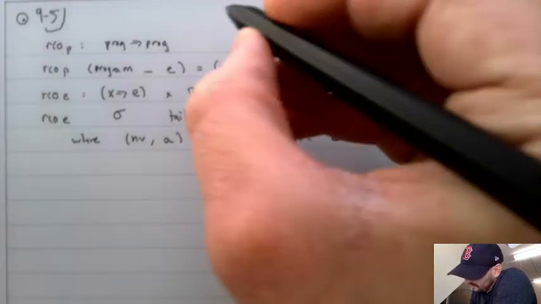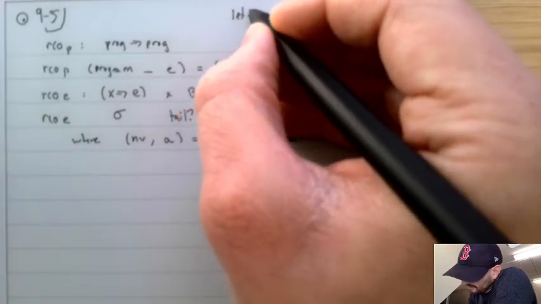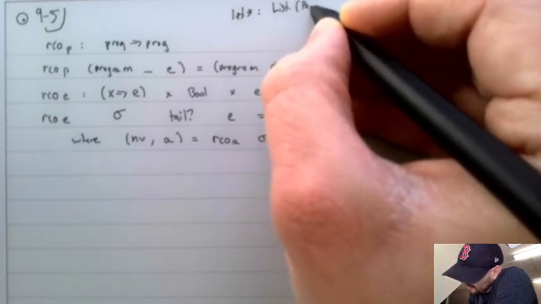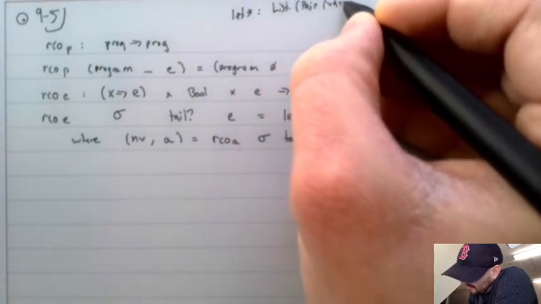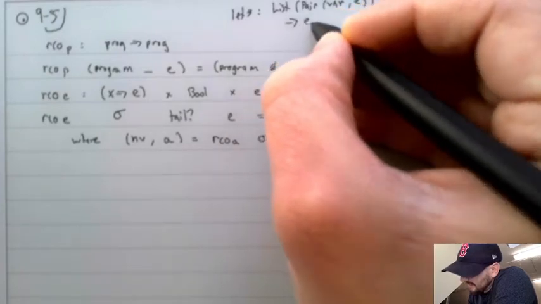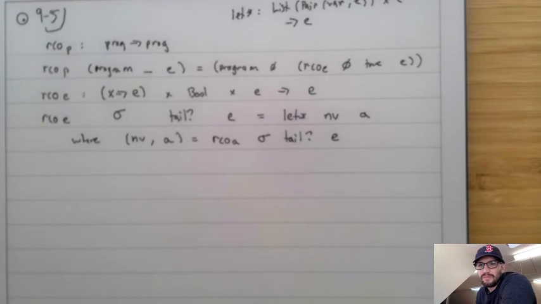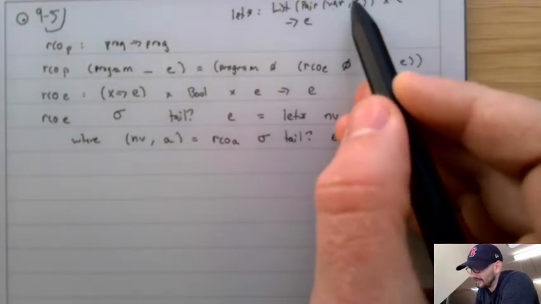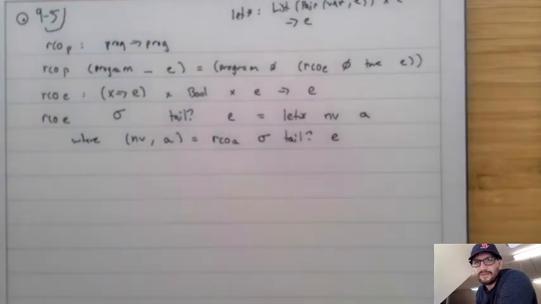Let me just write a little note over here. Let star takes a list of pairs of a variable and an E, and it returns an E. Basically what it does is it just adds a let in. So for each one of these variables, it says let this equal that, let this equal that, until it gets to the final thing. We saw this before. It's the same thing from the older version of RCO.